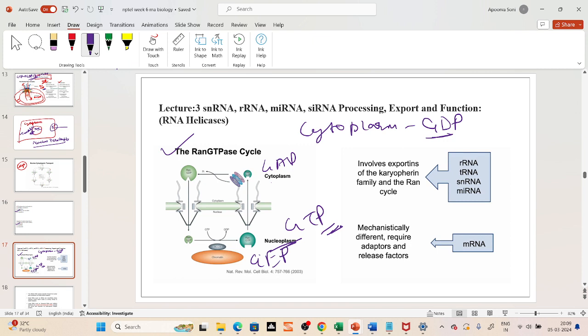GAP will remove one phosphate, so triphosphate would be converted into diphosphate. It will come to the nucleus. Again, because of GEF, this GDP will be exchanged with GTP. This is the RAN GTPase cycle which occurs. Okay. Now I have to move a little quick.